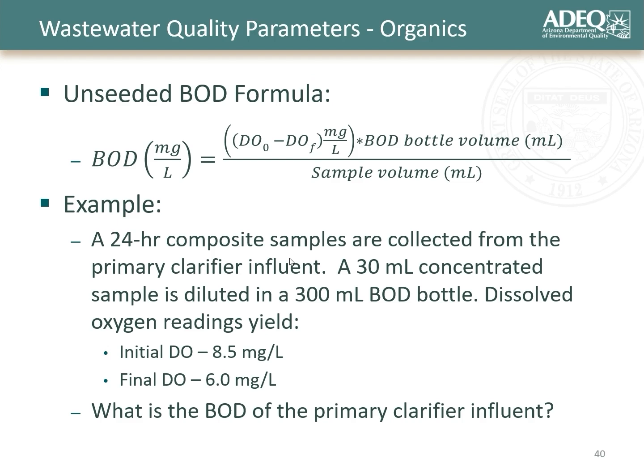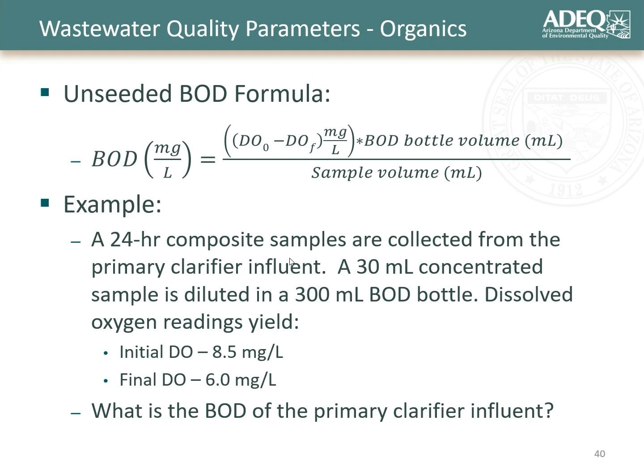Remember, we have to dilute this, so you don't always put the entire bottle volume of your sample in there. In some cases, you're only adding 1% or 5% or 50% of the total bottle volume as your sample. So it's something to think about. It's DO initial minus DO final, times the BOD bottle volume, divided by the sample volume that you put into that bottle. That's how you calculate it.